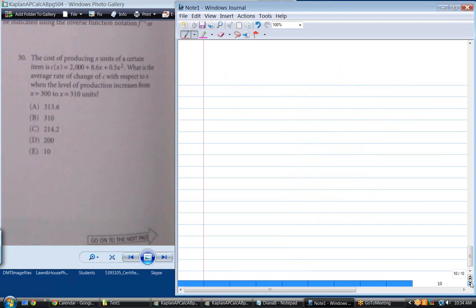What is the average rate of change? How can I set it up? As production goes from 300 units, in other words, as X goes from 300 units to 310 units, how do I get my average rate of change?